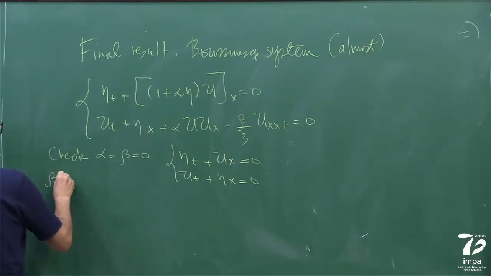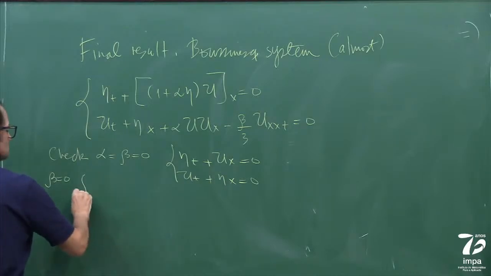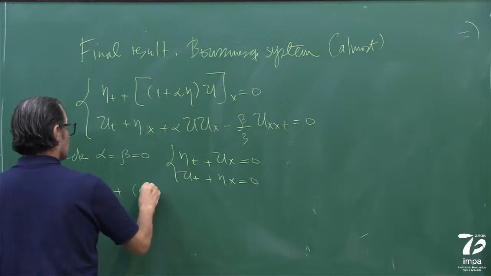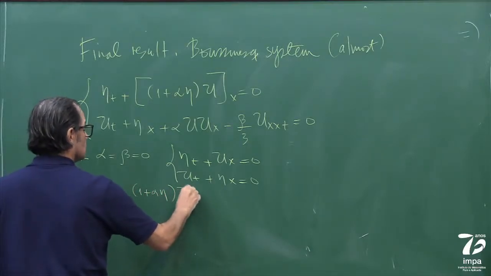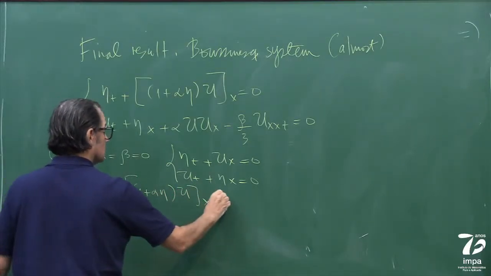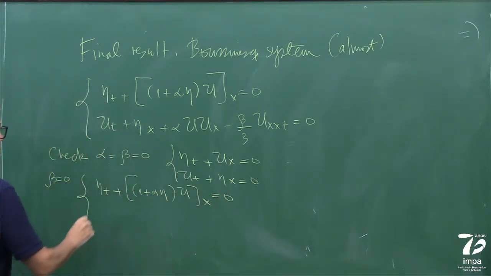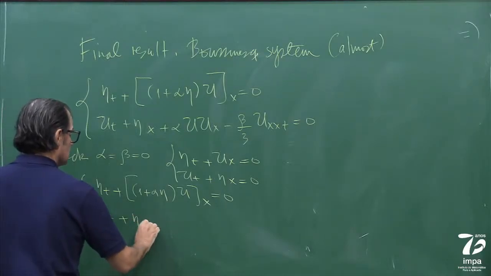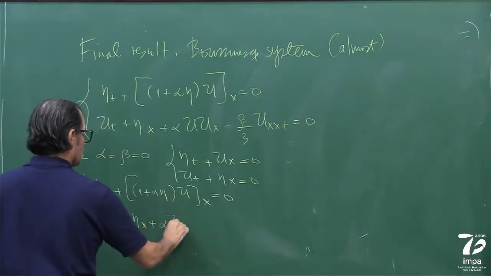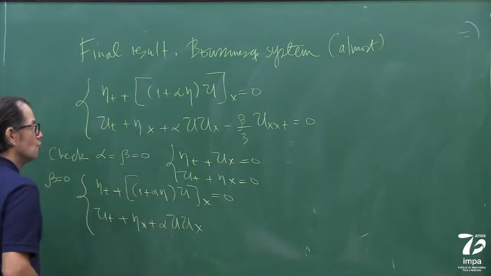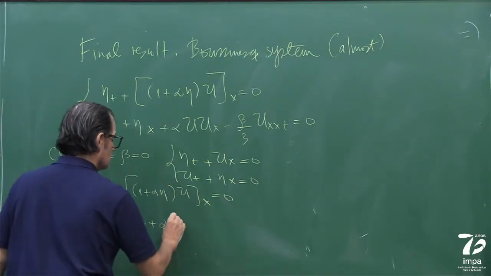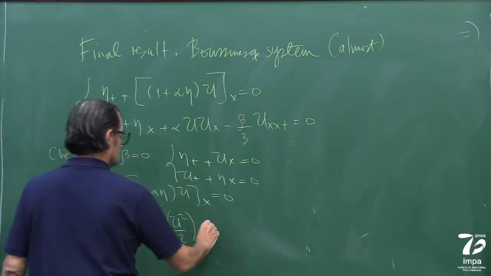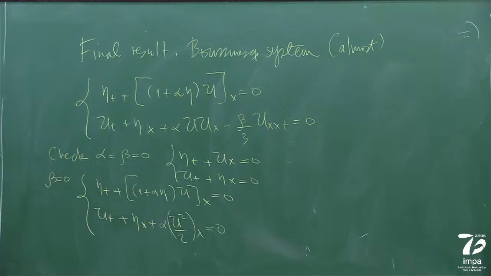Now check just beta equal to 0. Eta of t plus 1 plus alpha eta u x equal to 0. U of t plus eta x plus alpha u of x, which is basically u squared over 2x, equal to 0.